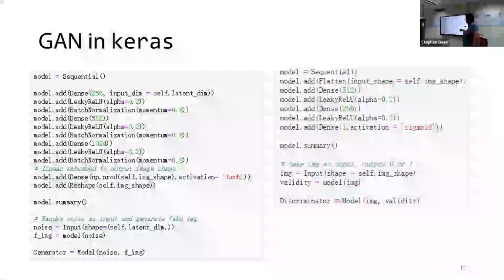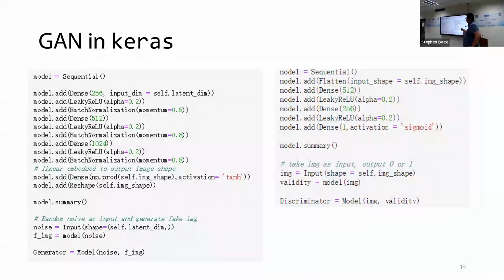And then we have batch normalization, which is something we learned already. That is one block, and that block repeats 3 times: dense, leaky ReLU, batch norm, and so on. And then finally it generates an image as an output.